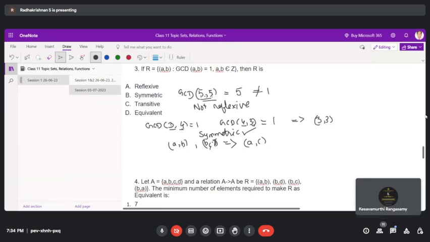If it has to be there, the GCD of 3 and 3 should be 1, which it is not. 3, 3: the GCD of 3 and 3 is not equal to 1. Therefore, not transitive.